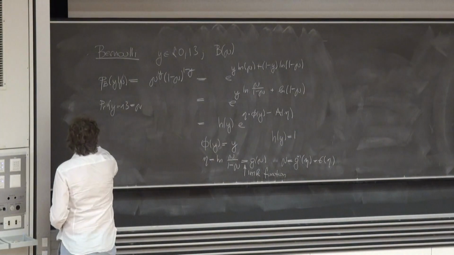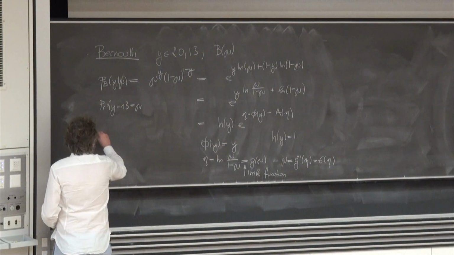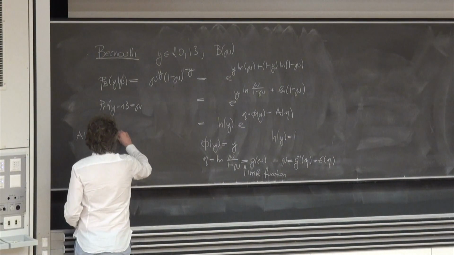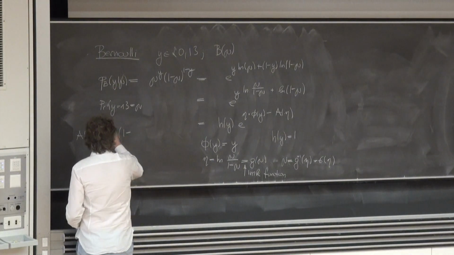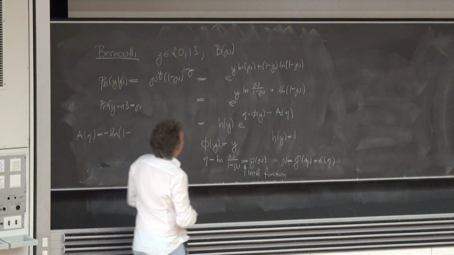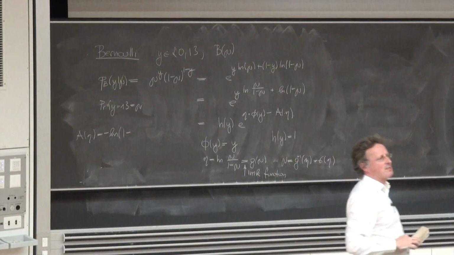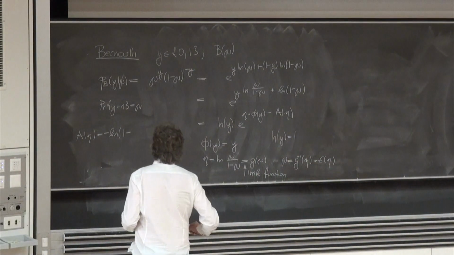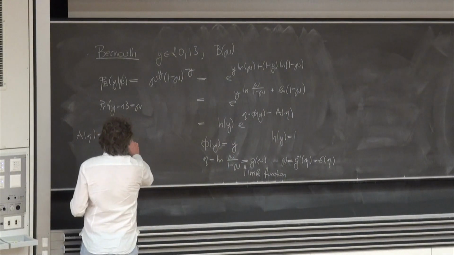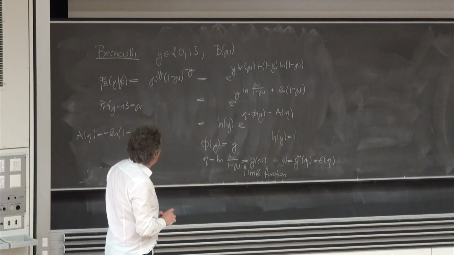So we have the a of eta is what, right? It's just a minus the log, right? I just specified it. If you look up here, I wrote a minus in front of the a. That's just how we specified. So I have a minus here, and then I have 1 minus, and then there is the mu.